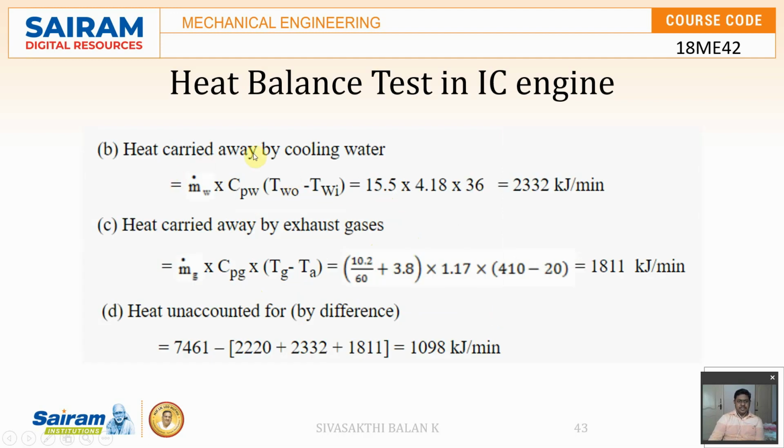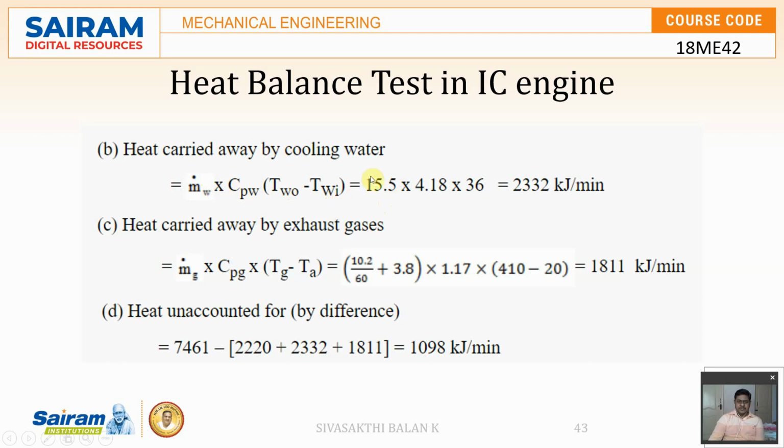The heat carried away by the cooling water: we know that the rate of heat change has the general formula m c_p delta T. Here we are going to calculate the amount of heat carried away by the cooling water, so we calculate the mass flow rate of cooling water supplied, multiply by the specific heat of cooling water and the difference between the temperature at the inlet and outlet of the cooling system.